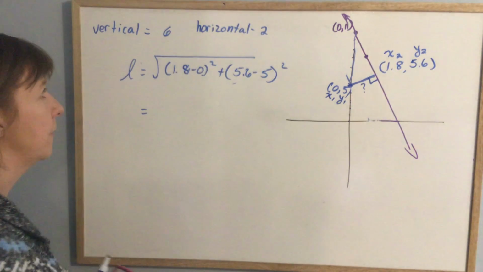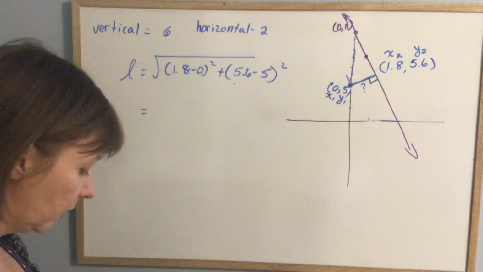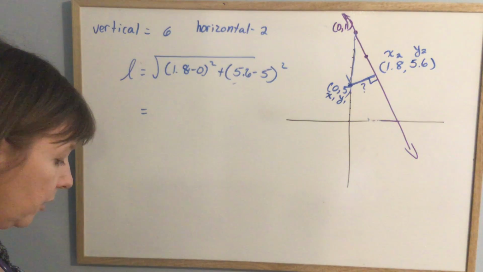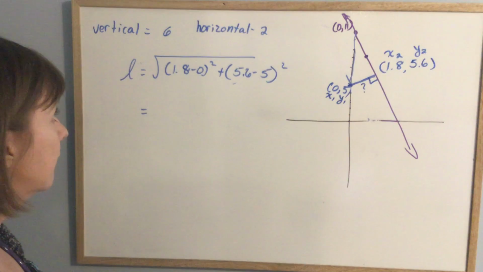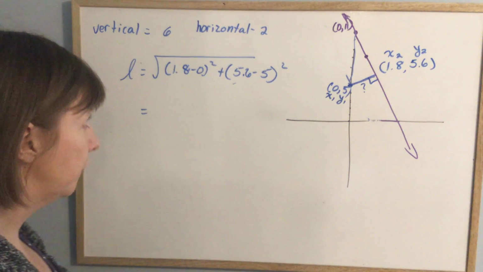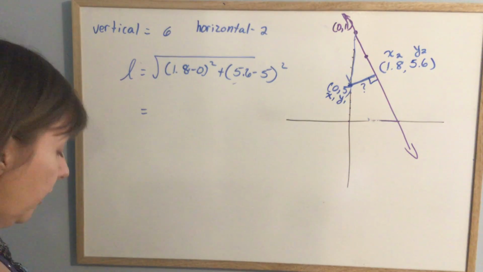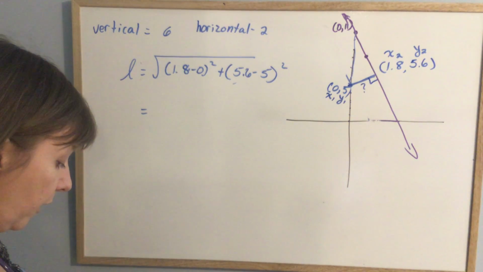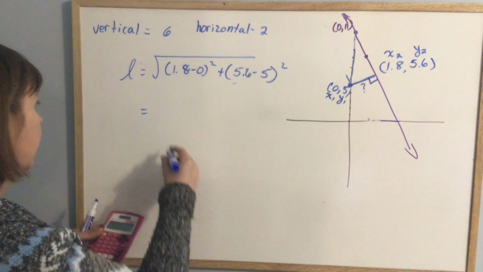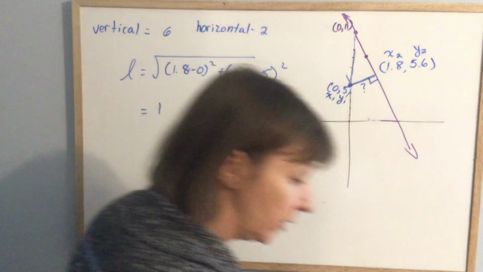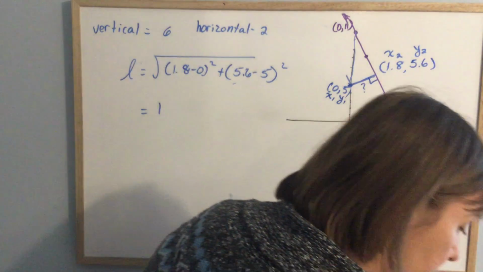And so now this is a matter of calculator work, so it's going to be 1.8 squared plus 5.6 minus 5 would be 0.6, so plus 0.6 squared, and then I'm going to have to take the square root of that, and I get, did they say to round it off to the nearest hundredth?